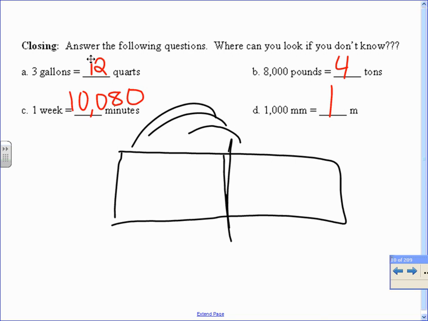Perfect. Emma. B. 1 ton is 2,000 pounds. So if you know that 1 ton is 2,000 pounds, that makes it a little bit easier. It's on your conversion sheet. I'm not expecting you to memorize all these. I just like to throw them in there every once in a while.